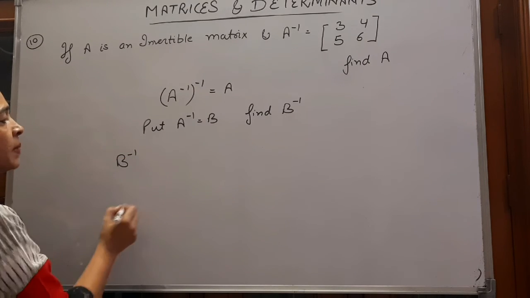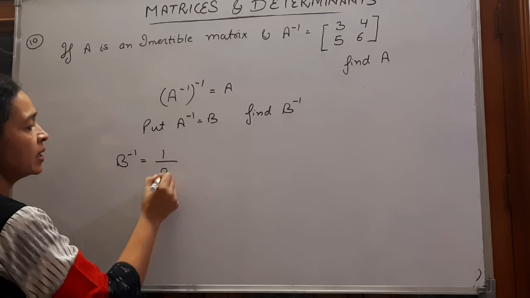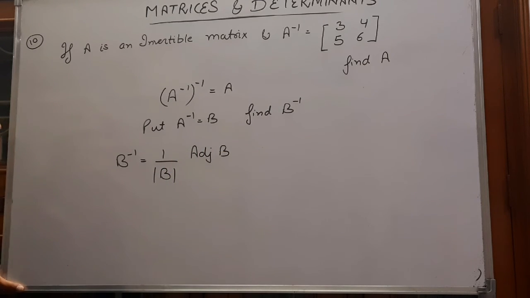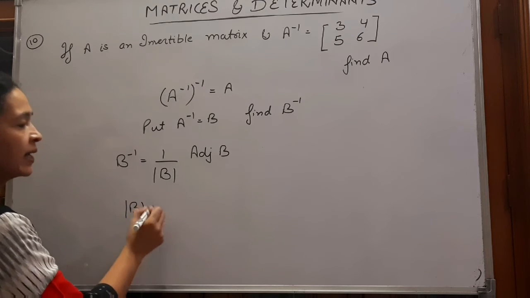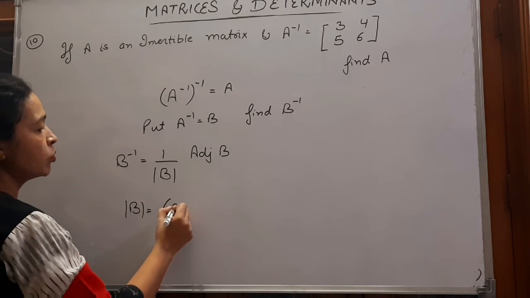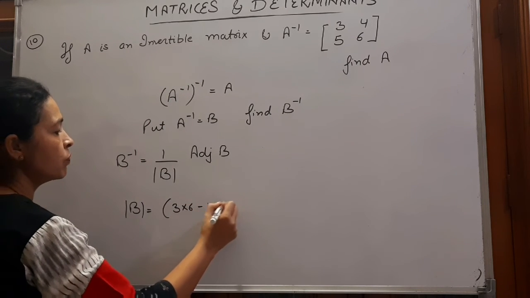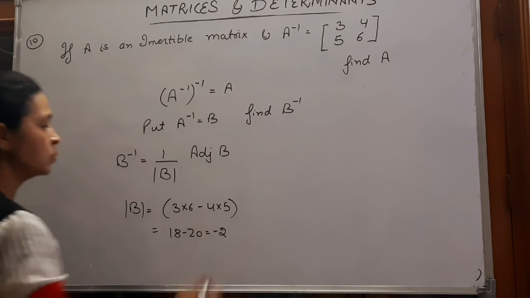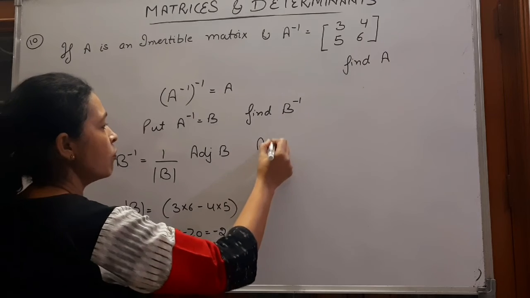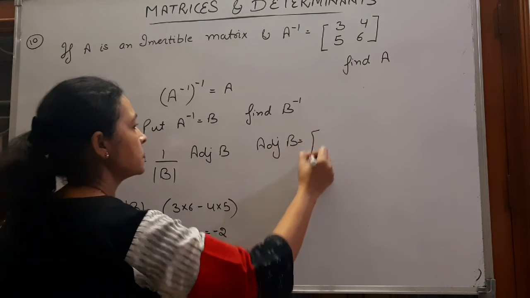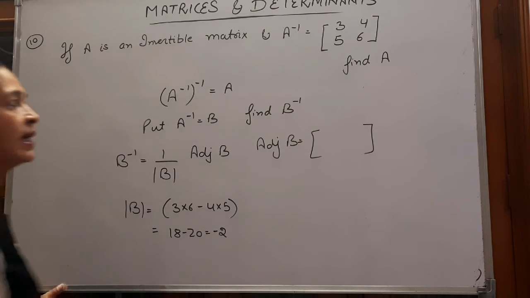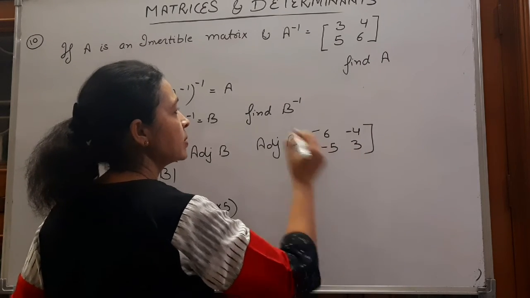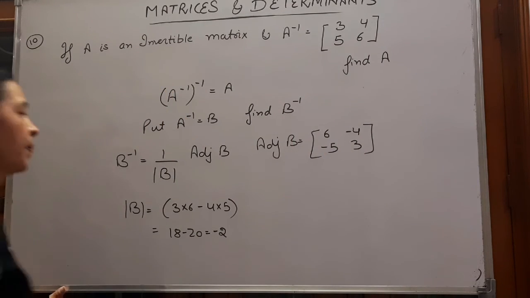Now, how can we find B inverse? B inverse is 1 upon determinant of B into adjoint of B. Determinant of B, that is determinant of A inverse. 3 into 6 minus 4 into 5, 18 minus 20, minus 2. Now adjoint of B, interchange of diagonal elements, 6 here and 3 here, and the signs of other elements will change.